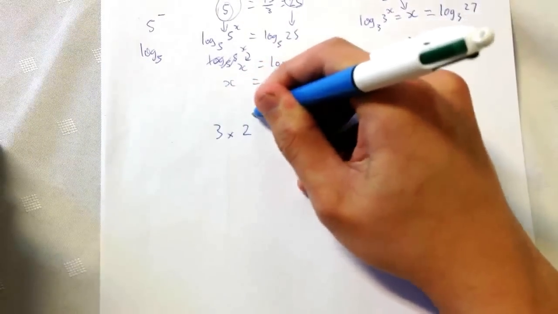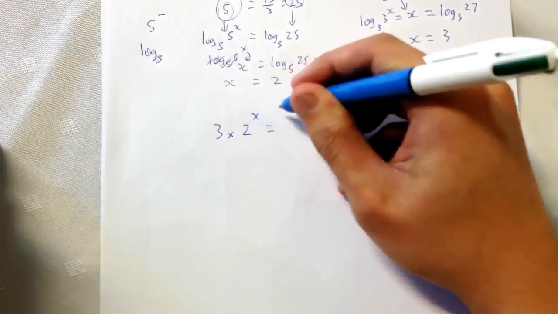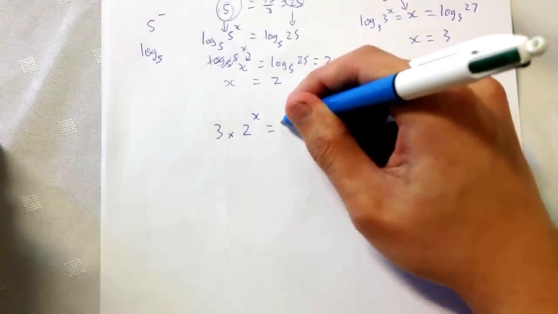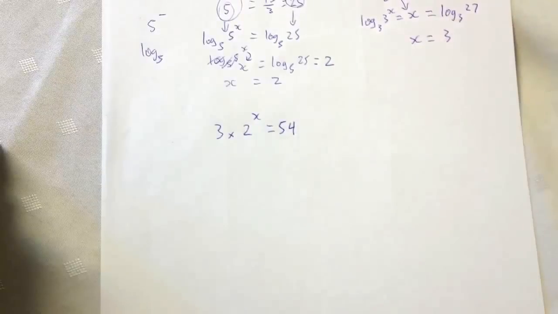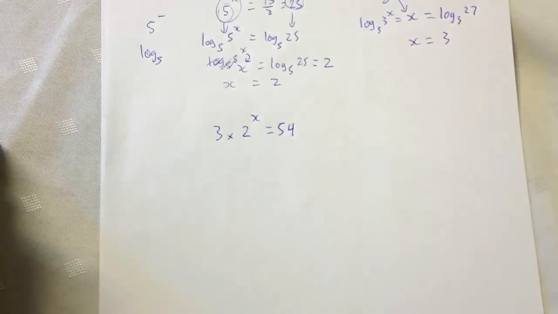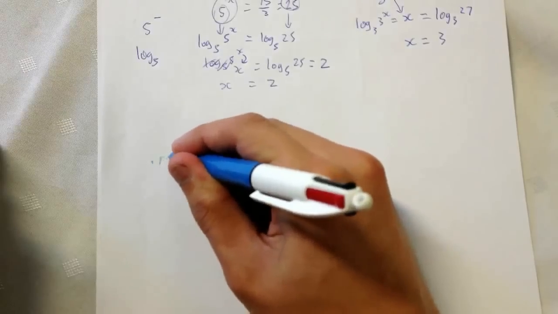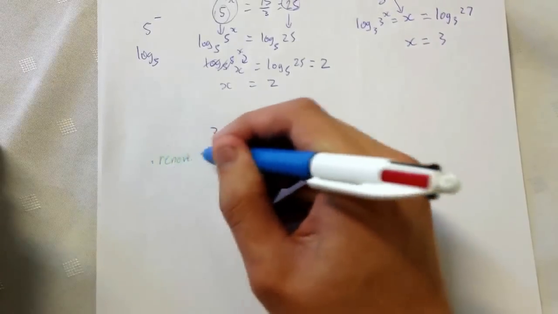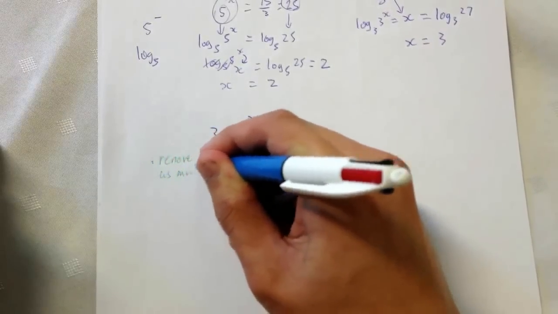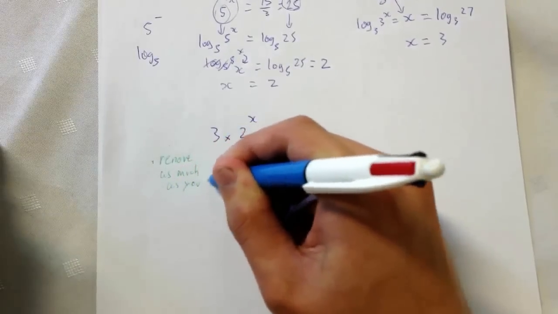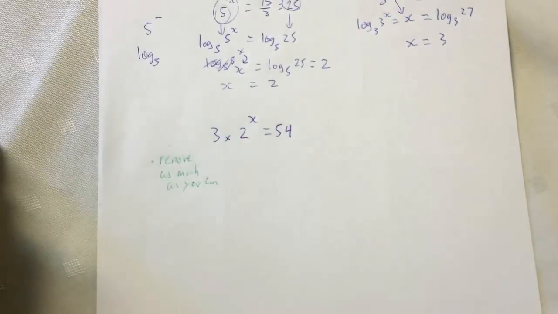3 times 2 to the power of x equals 54. So first step is remove as much as you can. Maybe I'll add a few extra things actually.